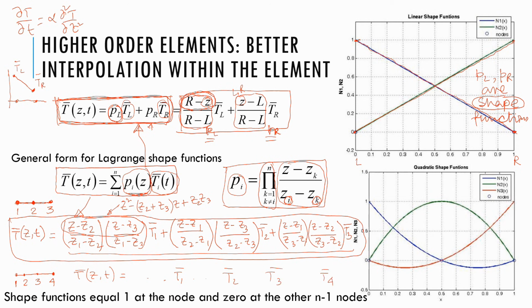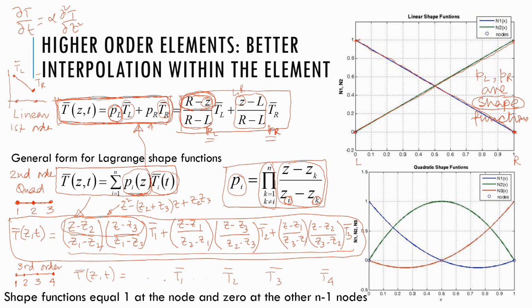So that would be an even higher order element, as we say. So this is linear or first order. This is the quadratic or second order, and so on. And this is the third order, or cubic element. So again, you plug that in and you develop finite element equations.